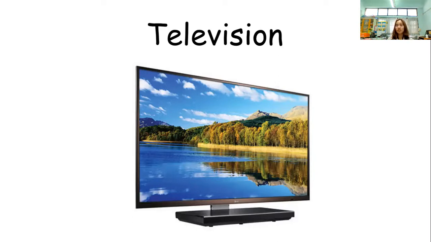Variety shows, your favorite cartoons, and of course, you can watch the news about what is happening around us, especially now the COVID cases. You can watch the COVID cases on the television. You're able to update.